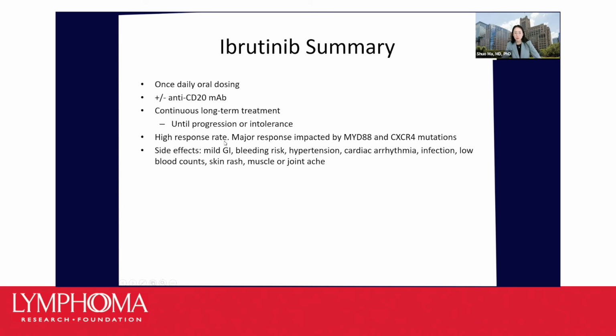It does have a very high response rate. The main side effects of ibrutinib, which we do need to stress among all BTK inhibitors, are maybe some mild GI side effects, but the more concerning ones were bleeding risk, hypertension, and cardiac risk, primarily cardiac arrhythmia, in particular atrial fibrillation.